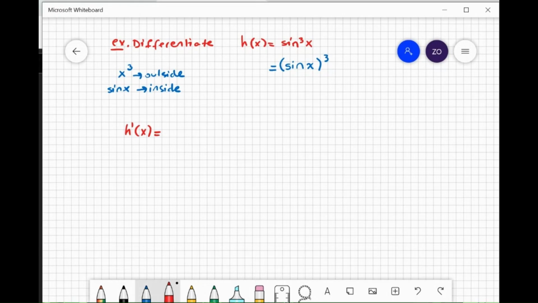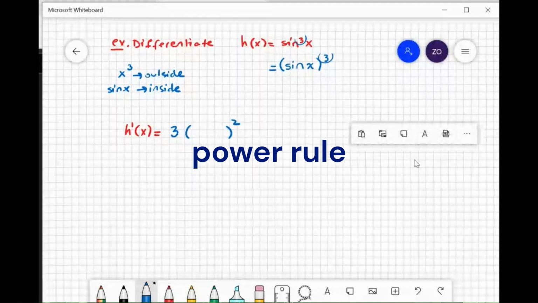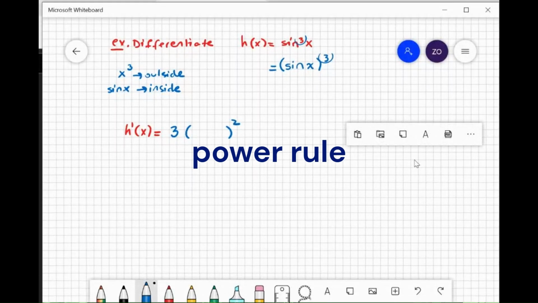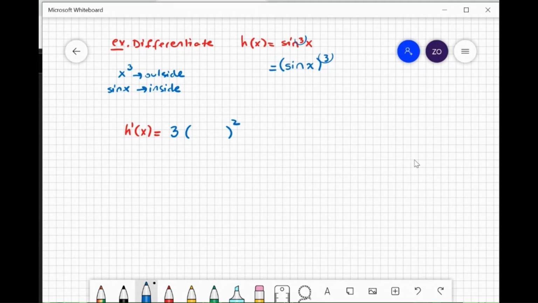Now, we first find the derivative of the outer function, right? So the outer function is this x cube function. What is its derivative? That's right, 3x squared. But remember, we evaluate this at the inside function, so we just plug in sine of x, okay, times the derivative of the inner function, which is cosine x, okay.